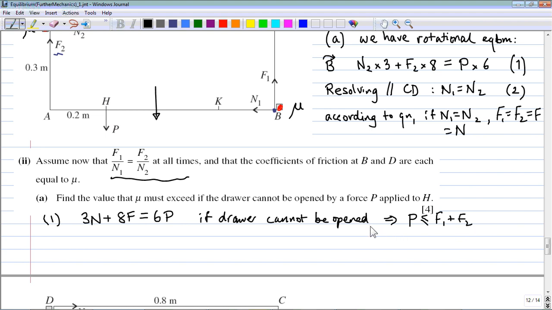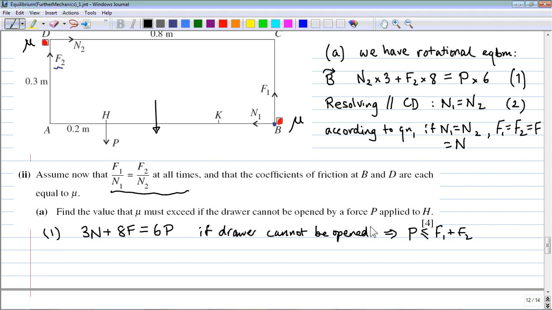Technically, if we attain equality in that equation, then there will be no motion because zero net force is zero acceleration.